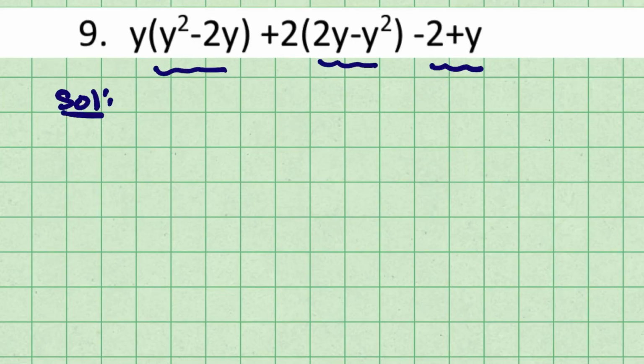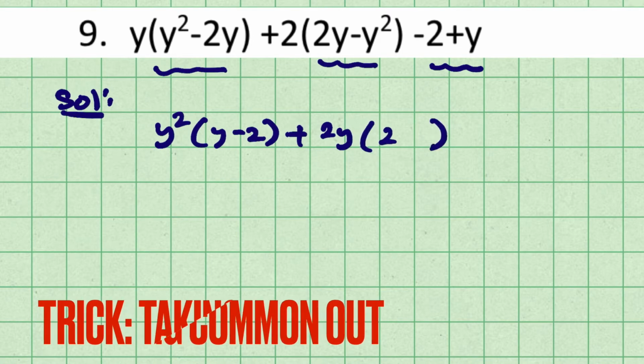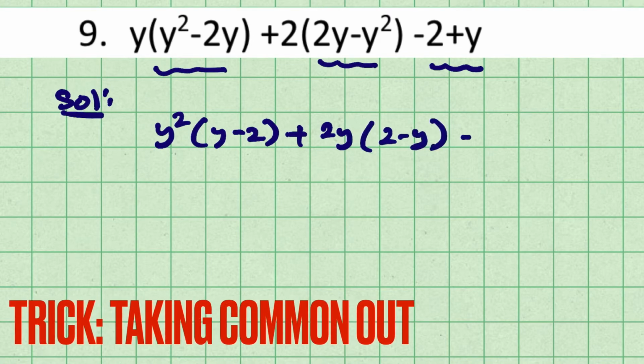Let's try question number 9. Here we notice that y square - 2y is common in the first two terms, and the third term is y - 2. So let's see if we can take something common. So I'll take one y out, so I'll be left with y - 2. I will take another y common from the second term, so we'll get 2 - y. And in the last term, I can take the minus sign out, so I'll get 2 - y.